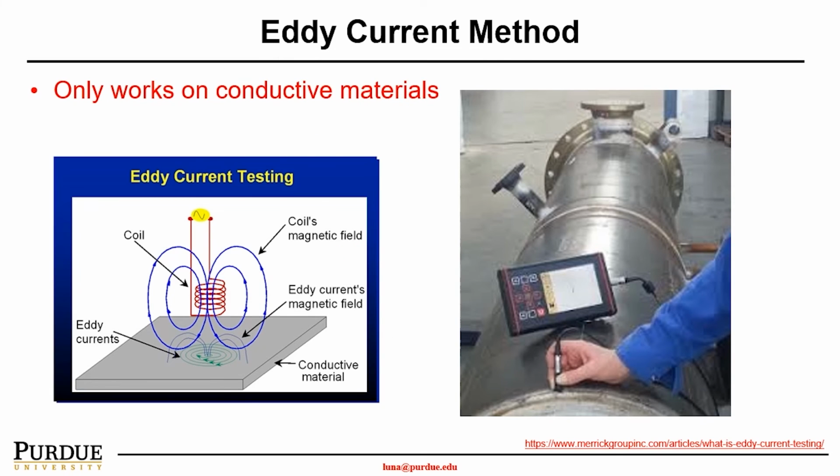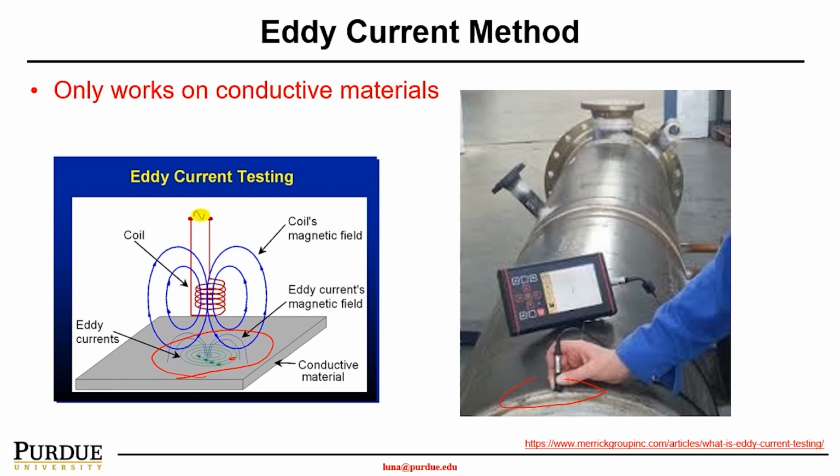So here is to show you how people use eddy current to understand if there is any fatigue crack induced in this pipe, or if there is corrosion, right? By looking at the eddy current pattern, if there is a crack, then the eddy current will be changed, the impedance will be changed, right?